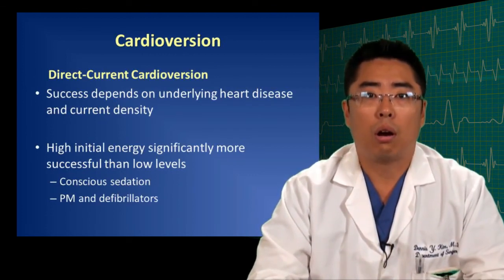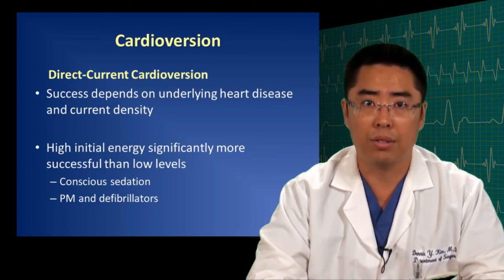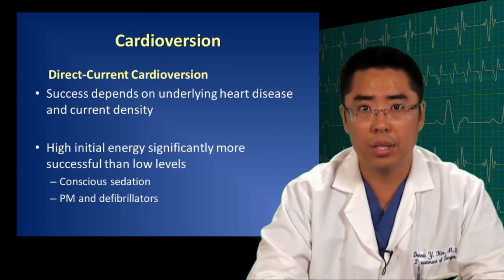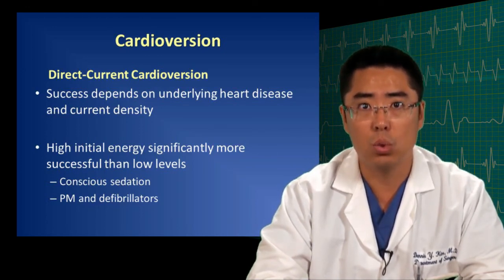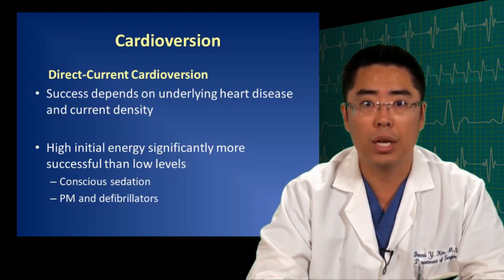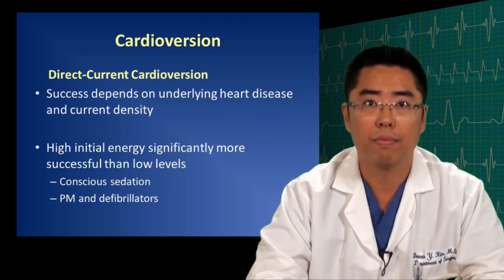Regarding direct current cardioversion, success depends both on the underlying heart disease as well as the current density employed. Studies have demonstrated that a high initial energy, specifically greater than 200 joules, is associated with statistically significant more successful rates of cardioversion than lower energies.